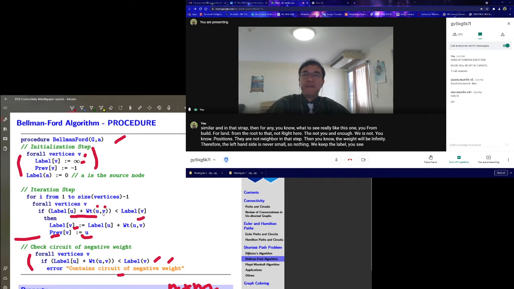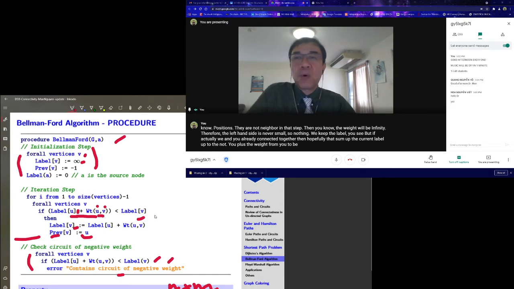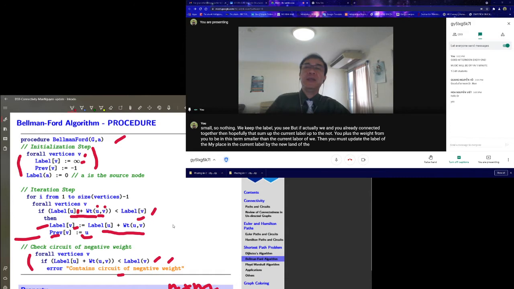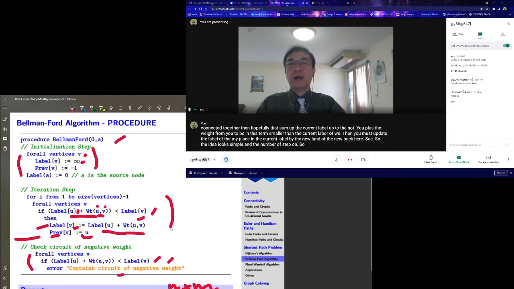But if V and U are already connected together, then if the sum of the current label up to the node U plus the weight from U to V is smaller than the current label of V, then you must update the label of node V by replacing the current label with the new length of the new path here, you see. So the idea looks simple, and the number of steps is also smaller.